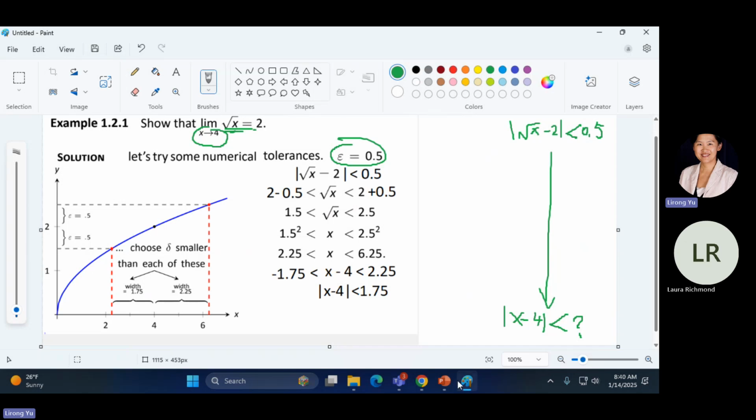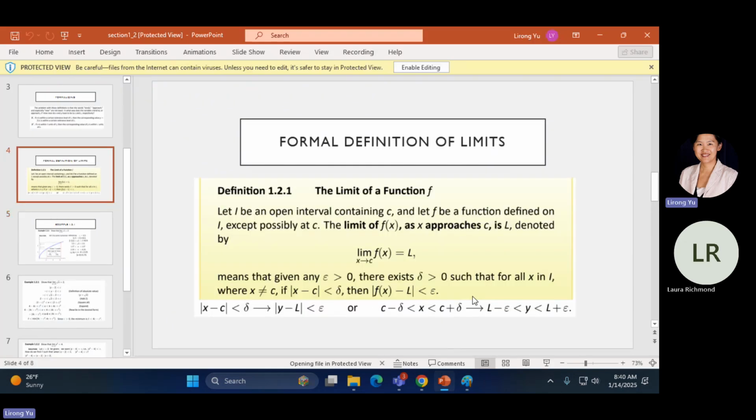Just go back to the definition that we see. According to the definition, you start with epsilon, take a delta, when the absolute value of x minus c is less than delta, the absolute value of f of x minus L is less than epsilon. So f of x minus L less than epsilon is a target, is a goal. But when you see there exists delta, it's not so natural.